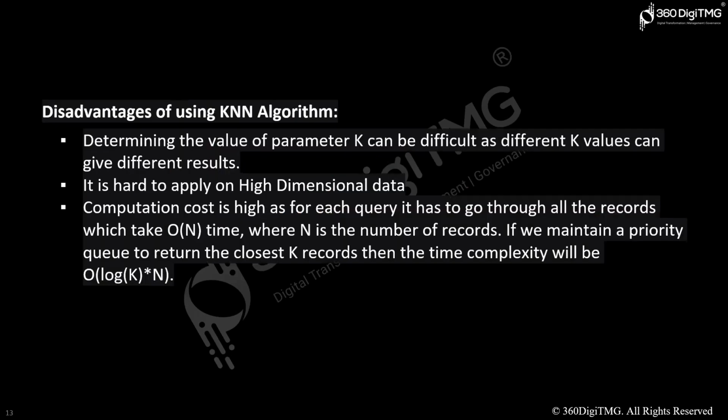The disadvantages of the KNN algorithm: determining the value of parameter k can be difficult, as different k values can give different results. If k is equal to 1, we get a different result; if k is equal to 2, we get a different result; and with k equal to 3, again a different result.